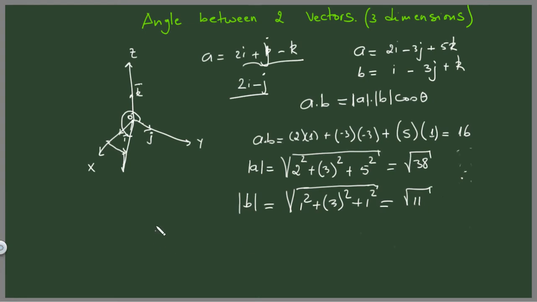Therefore, according to this formula, we can divide both sides by the magnitude of a times the magnitude of b, doing the same thing to both sides. Then the cosine of theta will be equal to a dot b over the magnitude of a times the magnitude of b.